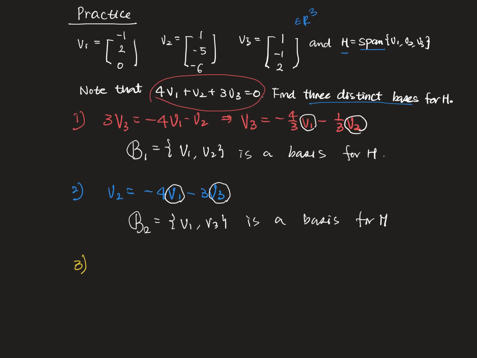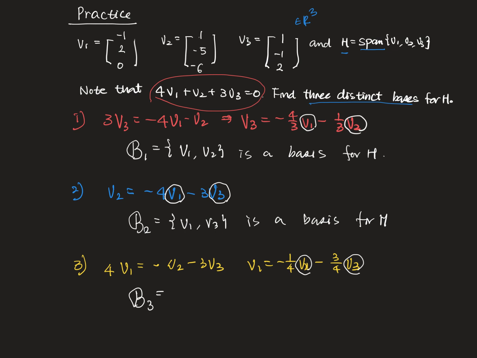Let's do one more time. Third, this time I solve for V1. 4V1 equals negative V2 minus V3, so V1 equals negative 1 over 4 V2 minus 3 over 4 V3. This is a linear combination of V2, V3, so you remove V1.